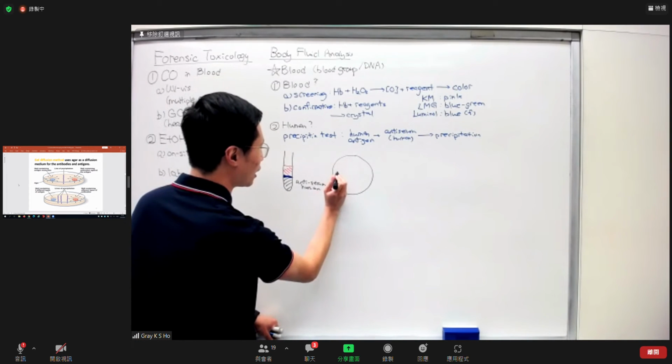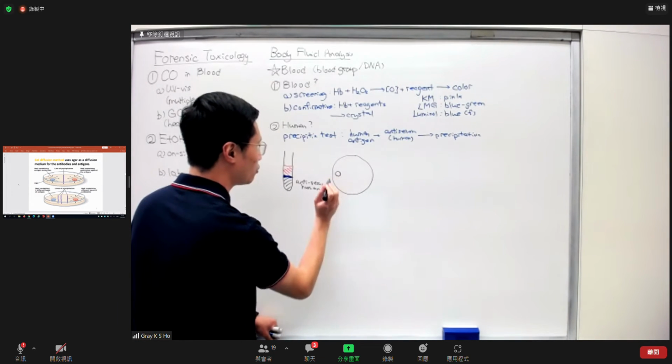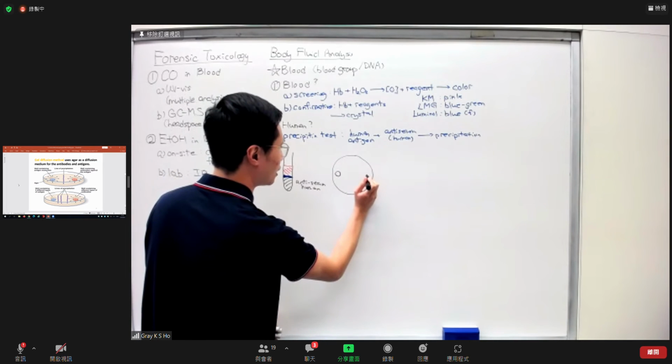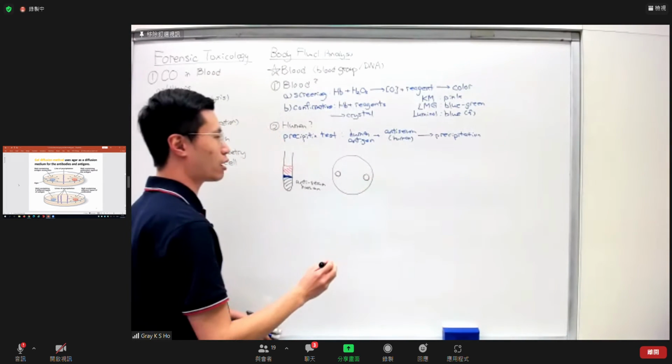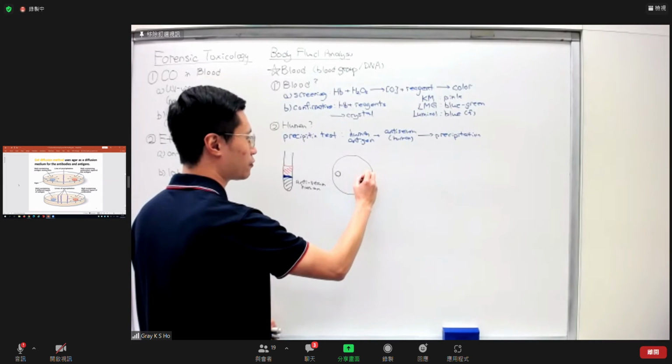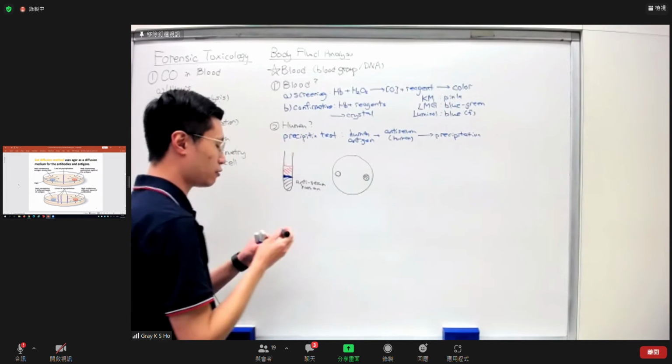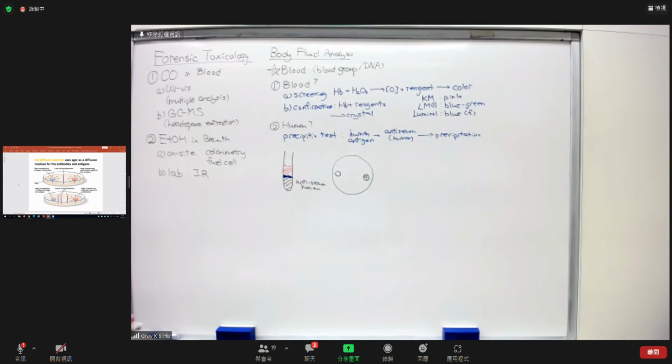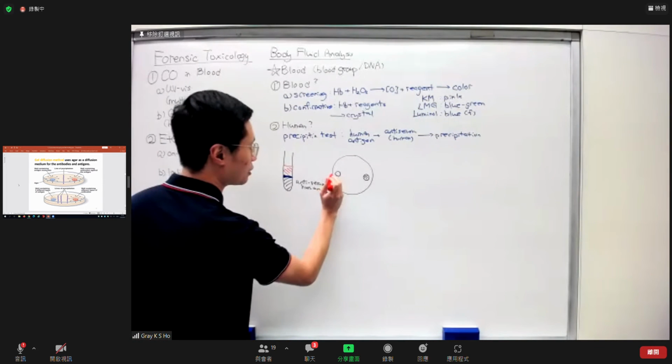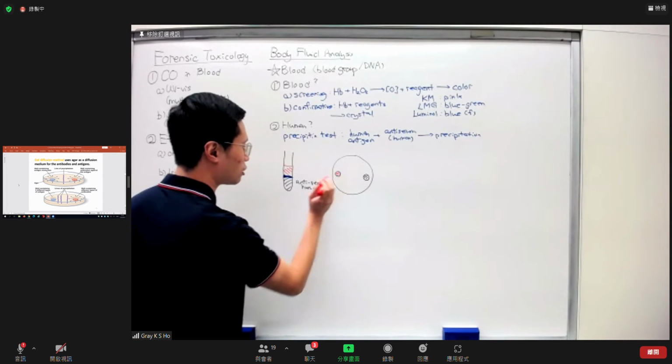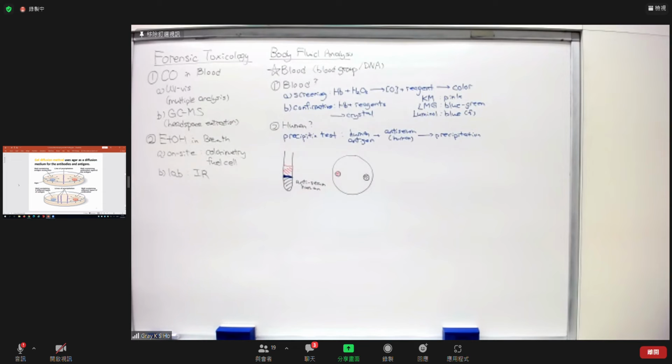On one side, you create a well, and on the other side, you create another well. For the right-hand side, you fill up with the anti-serum, and for the left-hand side, you fill up with the blood sample.